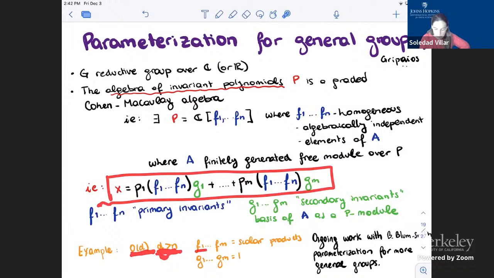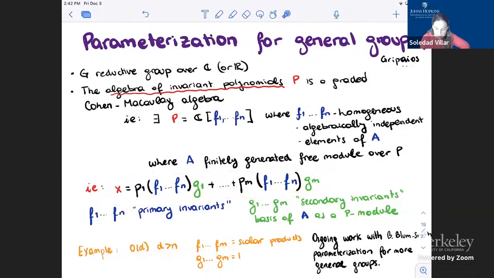The F1 through Fn, so the primary invariants, are just the scalar products, and the secondary invariants are trivial. And so that's why we can write every function in these terms. But if you want to go to other groups, then you can just compute the primary invariants and the secondary invariants and find a very nice parametrization of the invariant polynomials.